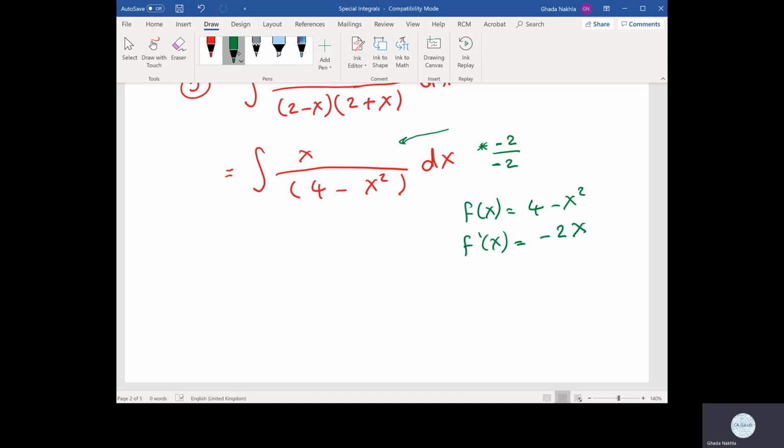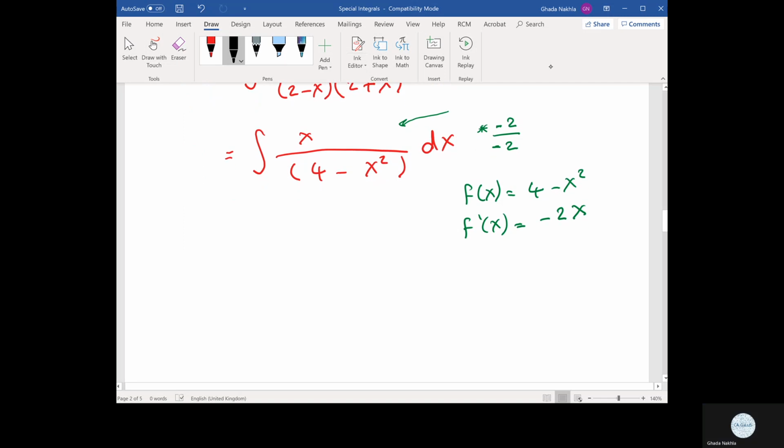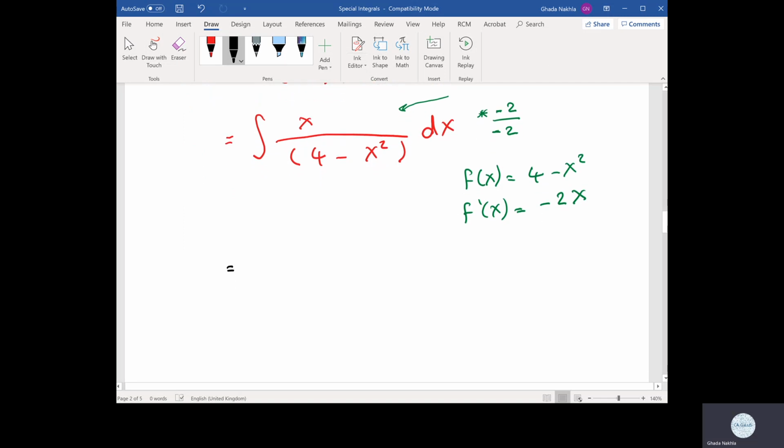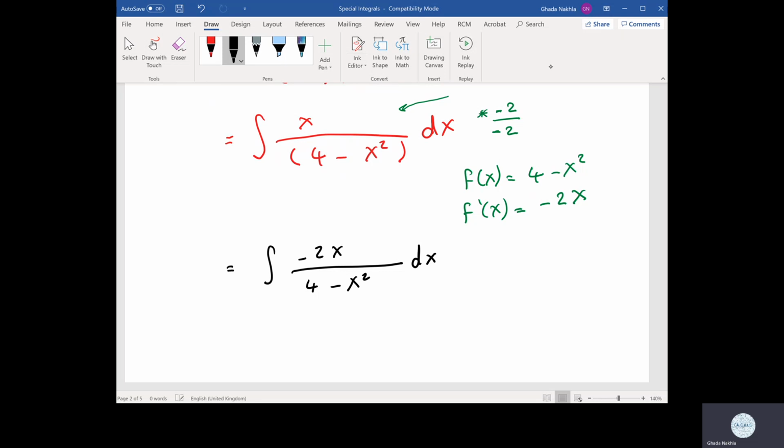Therefore, my question now will be: I'm integrating minus 2x over 4 minus x squared dx, and I also have minus a half. So minus 2 goes into the integration, and the minus half is kicked out of the integration.